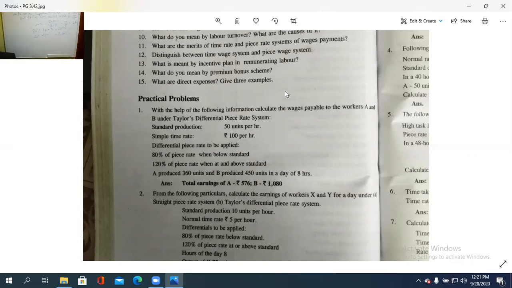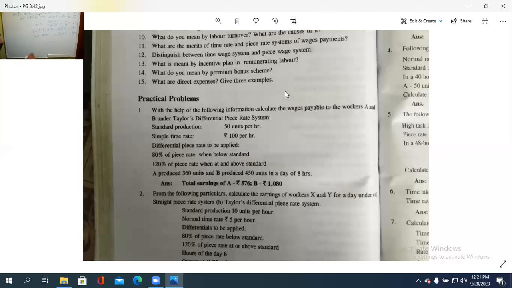So it is 1.6, 2 into 80%, that is 0.8... Then 120%, 2 into 120% is 2.4, isn't it? And the actual production is how much?